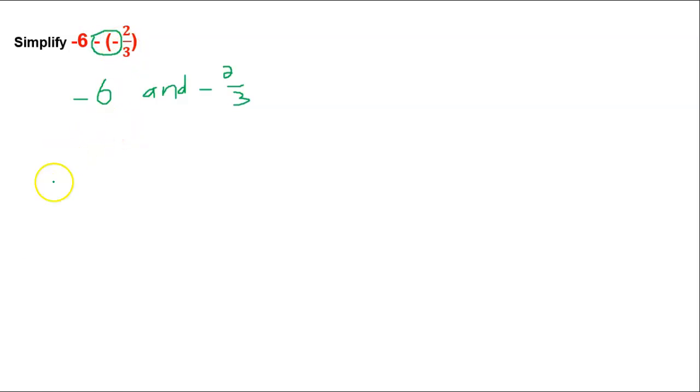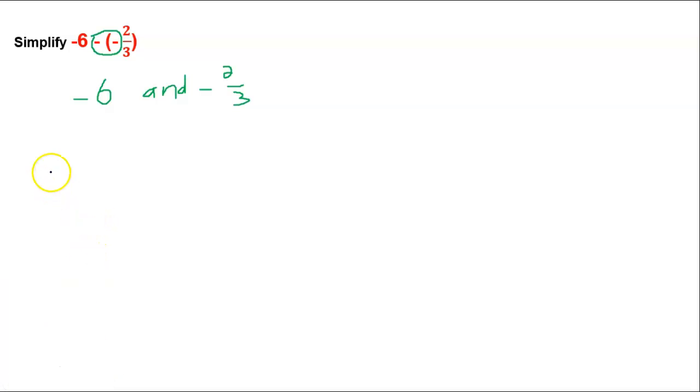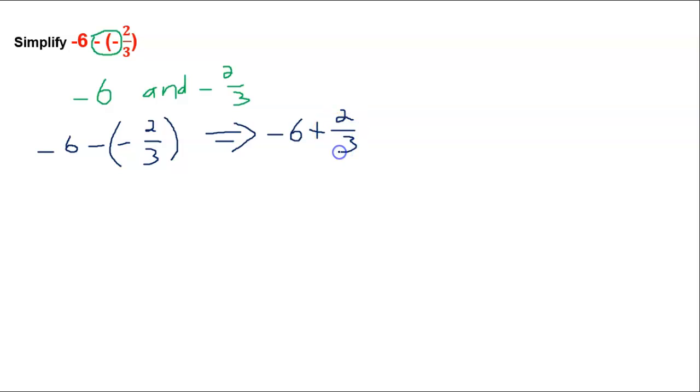So negative 6 minus negative 2/3 is the same as negative 6 plus 2/3, because negative times negative equals positive.